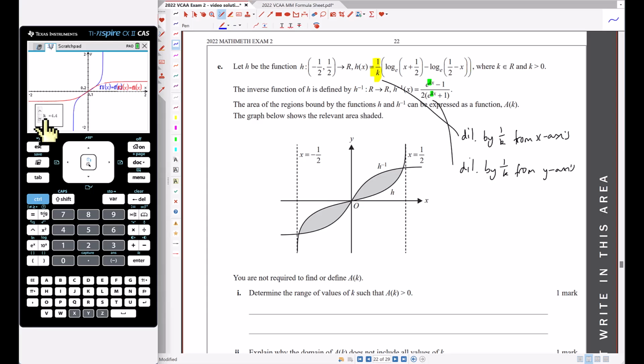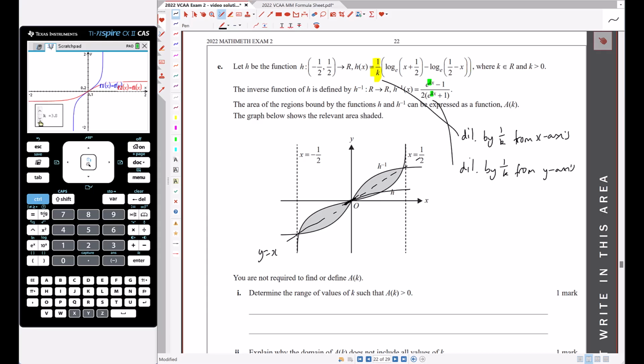One of the interesting things to think about, because you're looking at the function and its inverse, is where the gradient of these functions would be 1, because the line of symmetry, remember, is y equals x, which has a gradient of 1. The tipping point of when they won't intersect will be when they both have a gradient of 1 at this point.